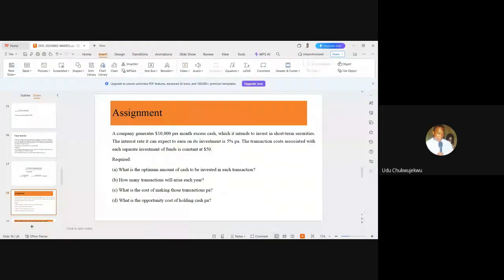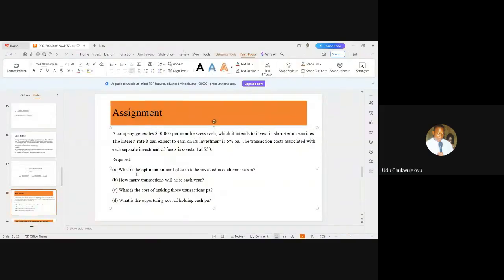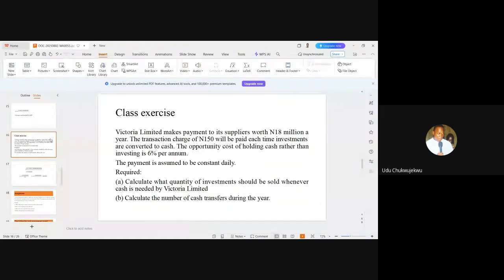Hello, sir. Yes, sir. I think this issue of EOQ, the question sometimes makes me not understand whether to use EOQ or not. The first example you gave, Noble: what is the optimal level of cash for Noble?